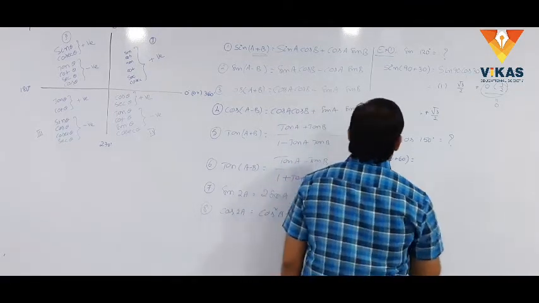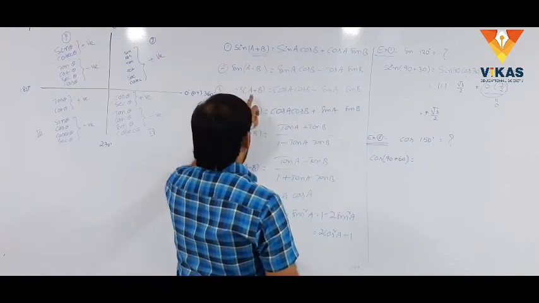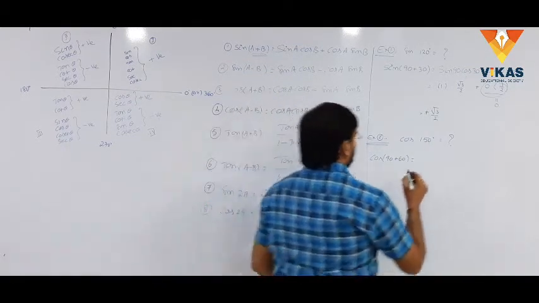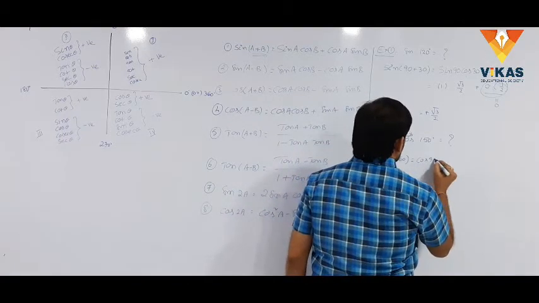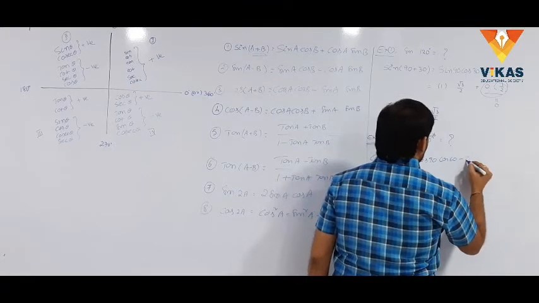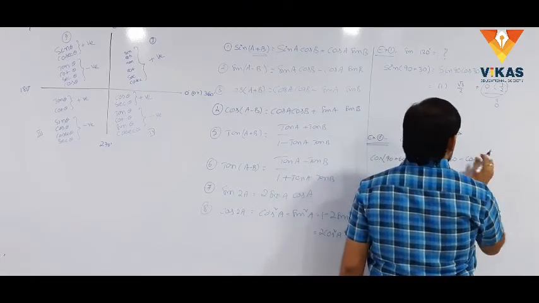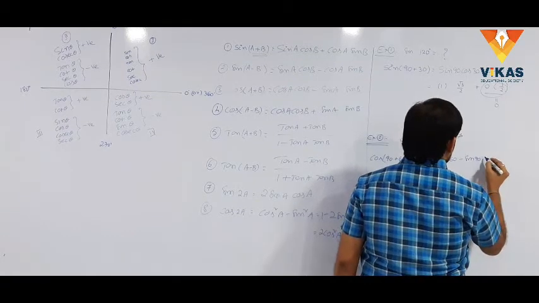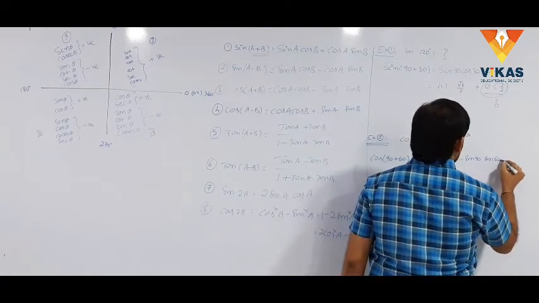What is cos A plus B? The value of cos A plus B equals cos A cos B minus sin A sin B. Simply, cos 90 cos 60 minus sin 90 sin 60.